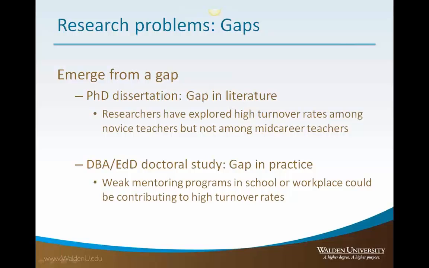One reason could be that there are zero mentoring programs or weak mentoring programs in practice at this workplace or at this school. So I'm going to research that mentoring program. I'm going to research other more successful mentoring programs and think about ways that I can apply that success in this particular workplace. I'm going to fill that gap in practice.